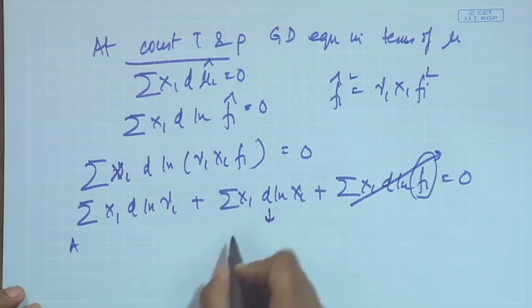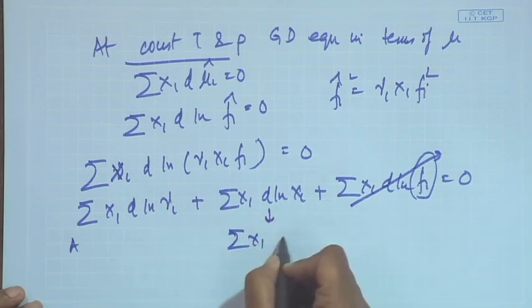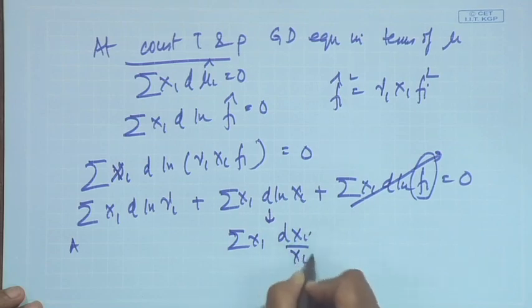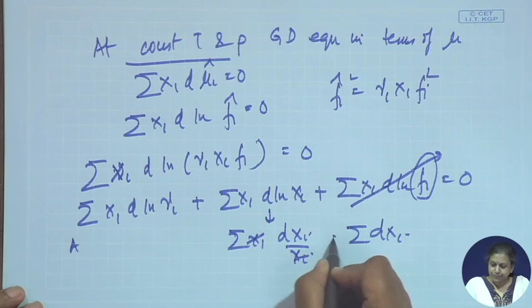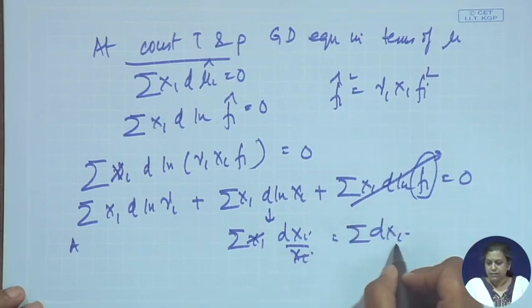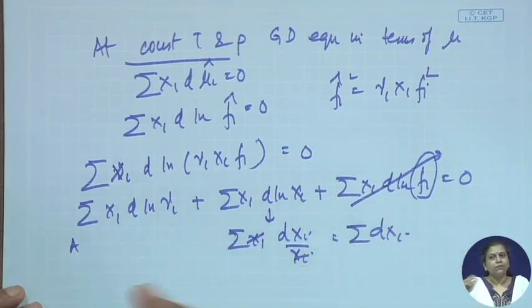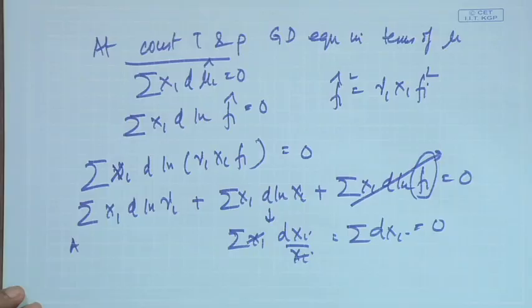What about this part? This is nothing but sigma xi dxi by xi, isn't it? Or in other words, this is sigma dxi. What is this? This sigma of dxi means the variation of the total number of moles. We know the total number of moles of the component is constant. So, automatically this becomes equal to 0.